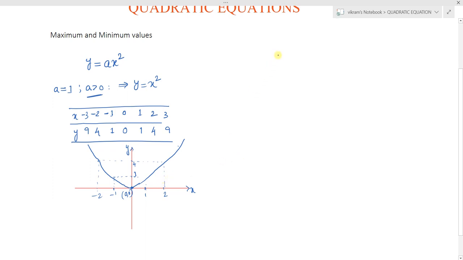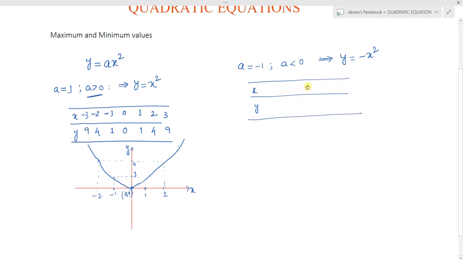Now if we consider a equals minus 1, that means a less than 0. If a is less than 0, then the curve becomes y equals minus x square. Again if we plot for x and y, if x is 0, y is 0, x is 1, y is minus 1, since y equals minus of 1 square.